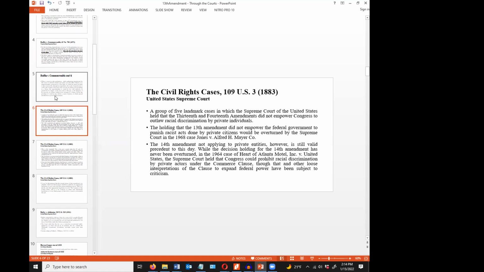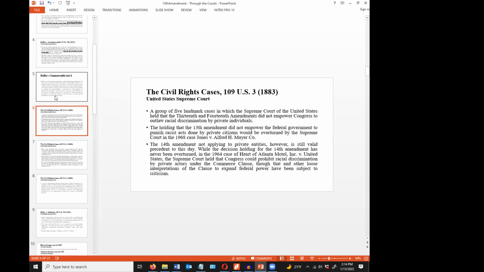that there was nothing regulating discrimination at that time. The holding that the 13th Amendment did not empower the federal government to punish racist acts done by private citizens will be overturned in 1968 in Jones versus Mayer, and I'll cover that case later on. The 14th Amendment not applying to private entities, however, is still valid to this day.